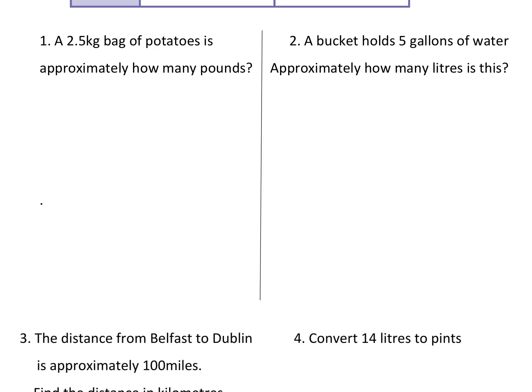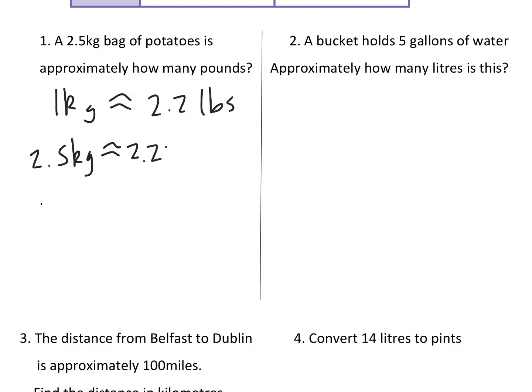Question 1. A 2.5 kilogram bag of potatoes is approximately how many pounds? So going into the question, you should know that 1 kilogram is approximately 2.2 pounds, lbs for short. So if we've got 2.5 kilograms, we need to multiply 2.2 by 2.5.